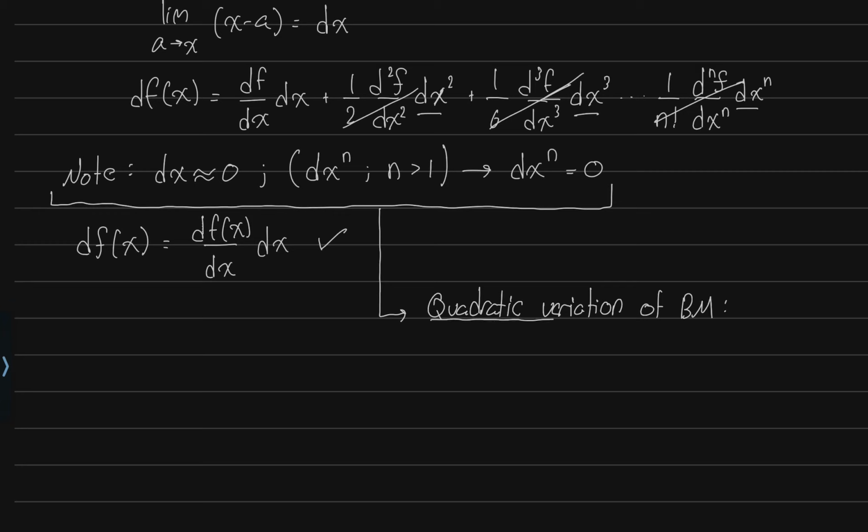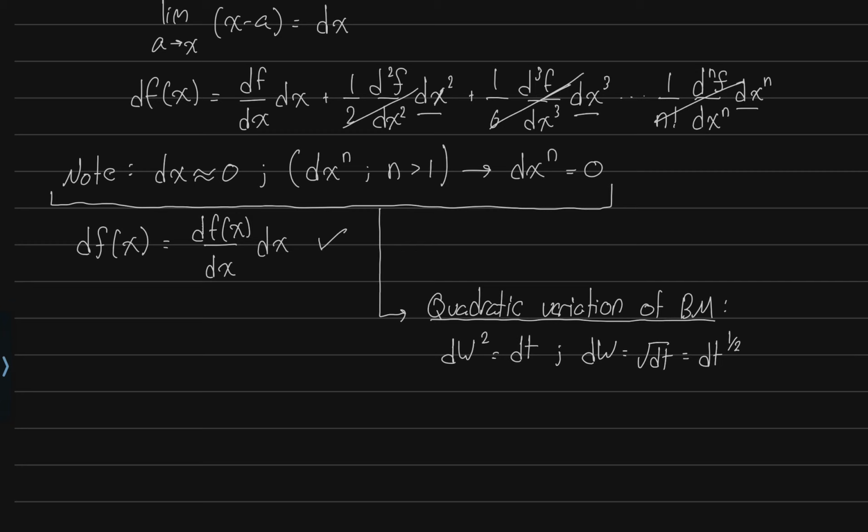Essentially, what that states is dW squared is equal to dt, or dW is equal to the square root of dt, which can also be written as dt to the power of 1/2.